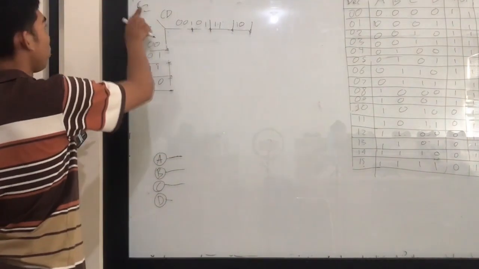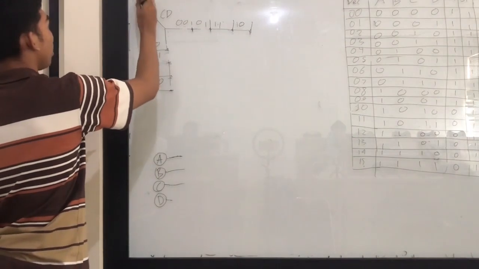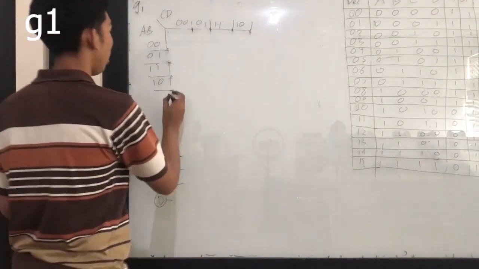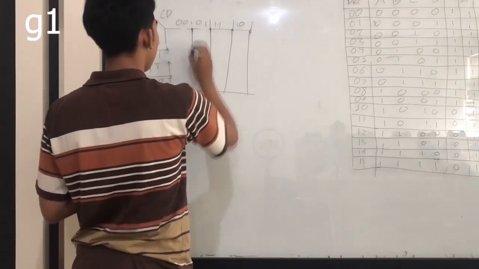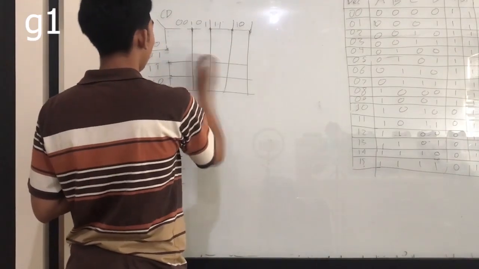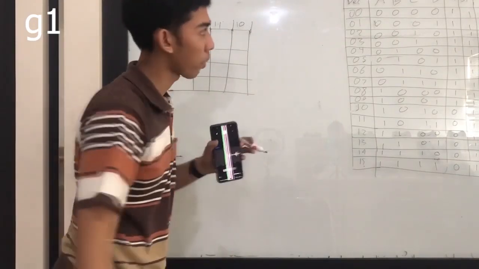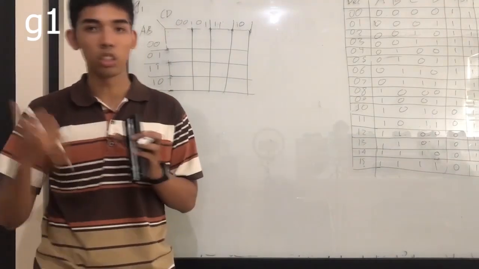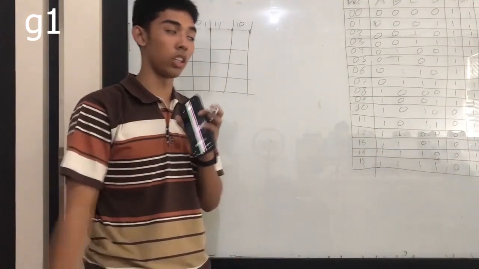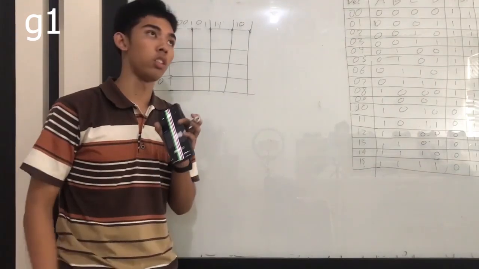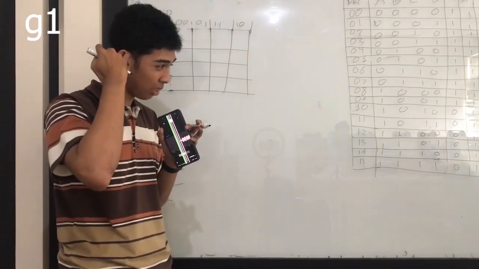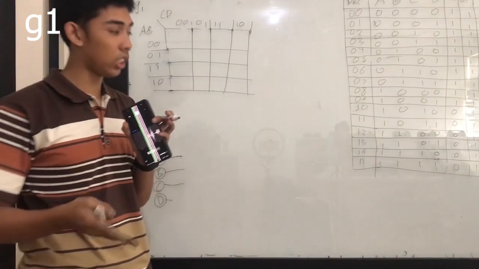Okay, we move on to G1. As you can see in this table or that table right there, G1 in this 4-bit input is always 0.